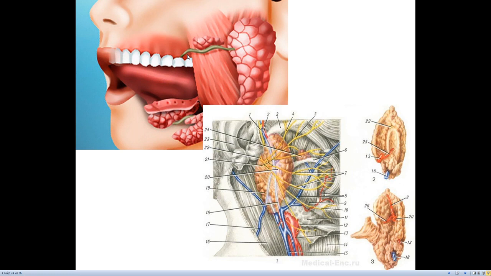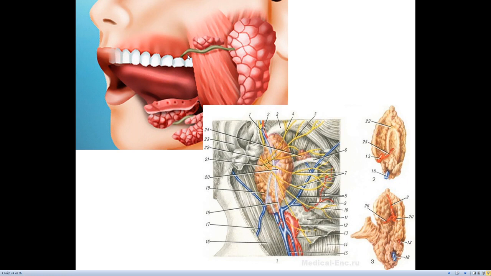And upside down, an inflammatory process can conduct from the cavity of the external ear into the parotid gland.